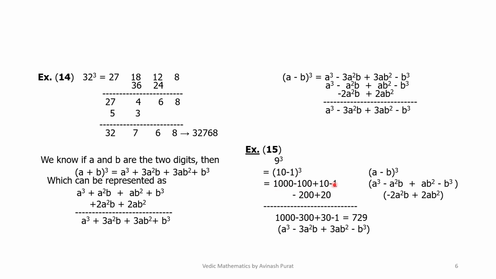So the total is 1, 20 plus 1 is 30, minus 100 minus 200 is minus 300, and 1000 is 1000. So 1000 minus 300 is 700, 700 plus 30 is 730, minus 1, that is 729. So 9 cube is 729.